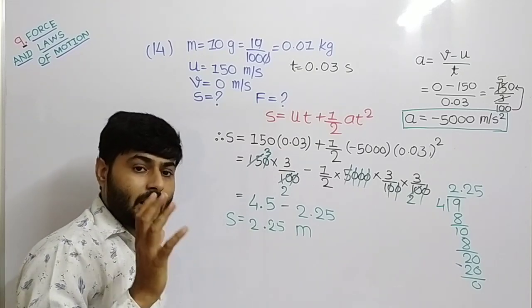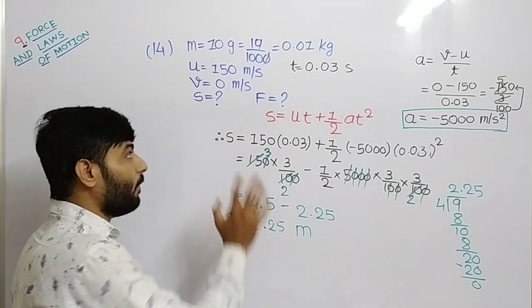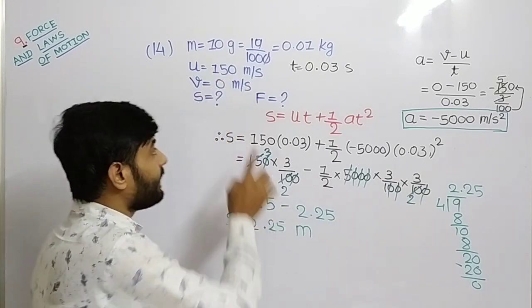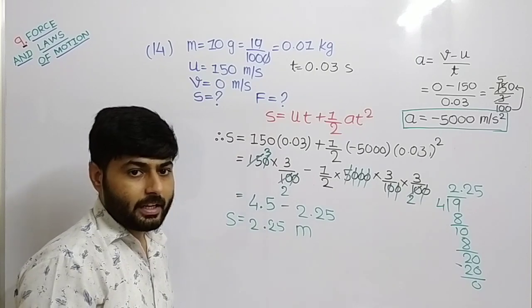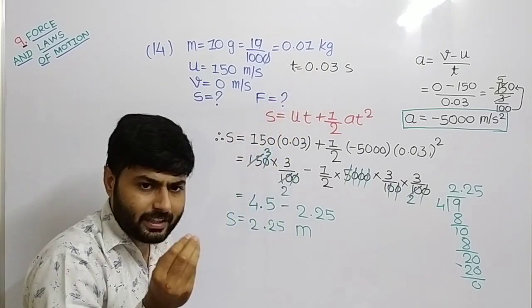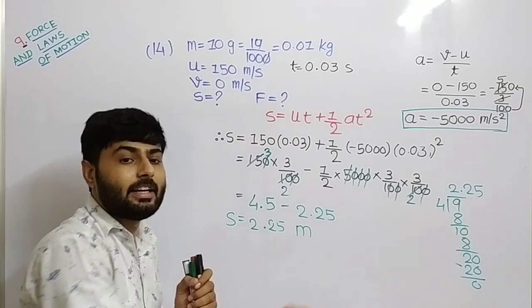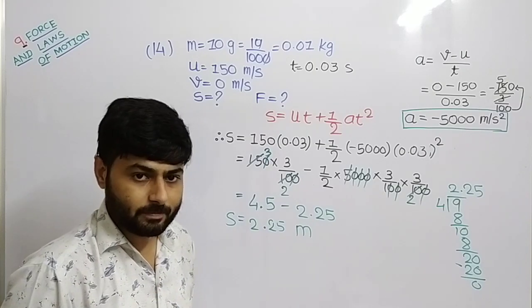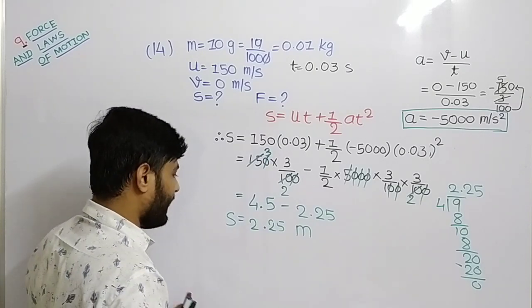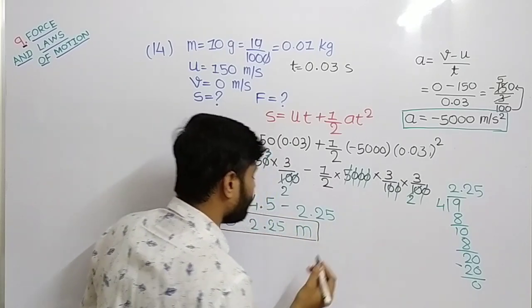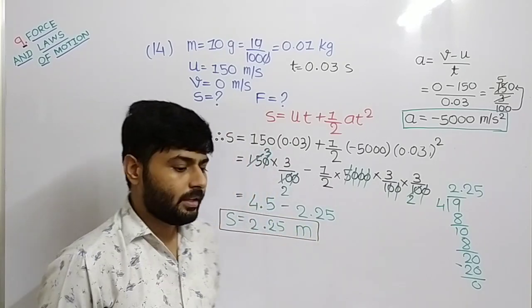You can imagine how fast this bullet came into this wooden block, that is 150 meter per second, and in only a fraction of time, that is 0.03 second, it will penetrate into the wooden block. I hope you can imagine the situation. So we have the distance penetrated, that is 2.25 meter.